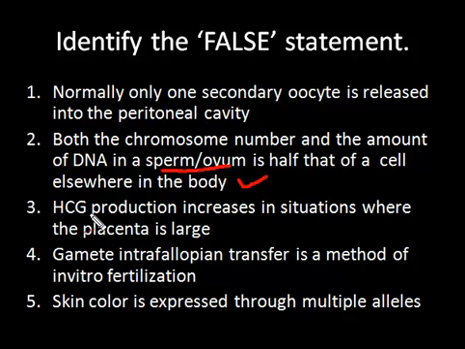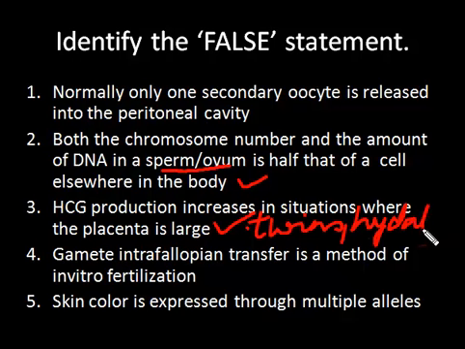The third statement, which is Hcg production, human chorionic gonadotropin production, which is produced by the placenta, increases in situations where the placenta is large. This is also true because Hcg production increases where there are twins. If there are twins, obviously the placental size will be large. It increases in conditions which are known as hydatiform mole, where the placenta sort of really enlarges and becomes like small vesicles.